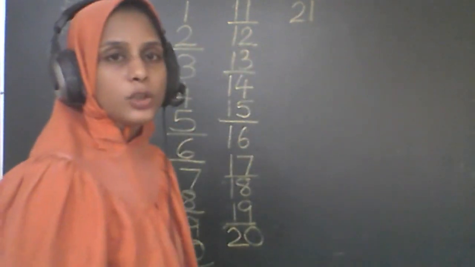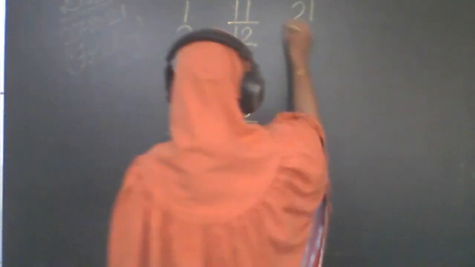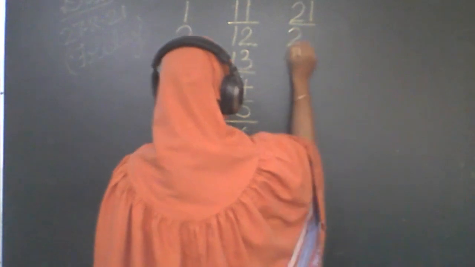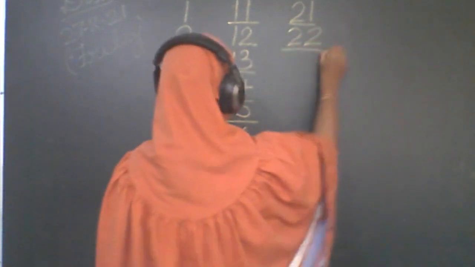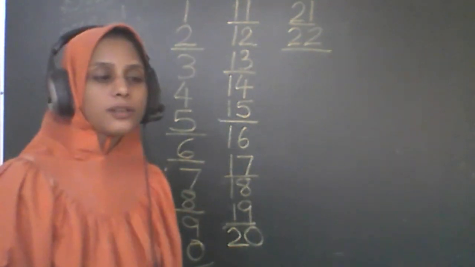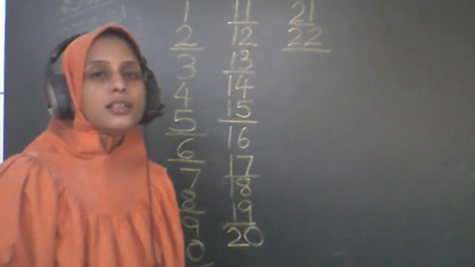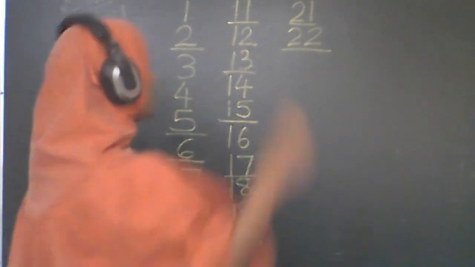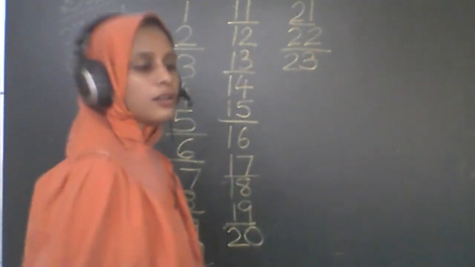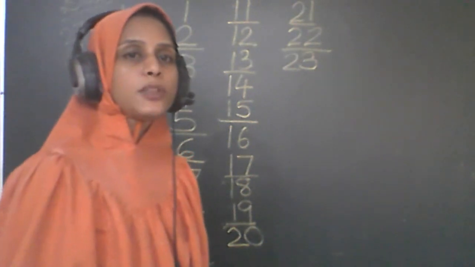Then after 21, again the number is missing. So what comes after 21? 22. 22 comes after 21. All the missing numbers you have to fill by saying the numbers. Then 23 is already written. After 23, again the number is missing.